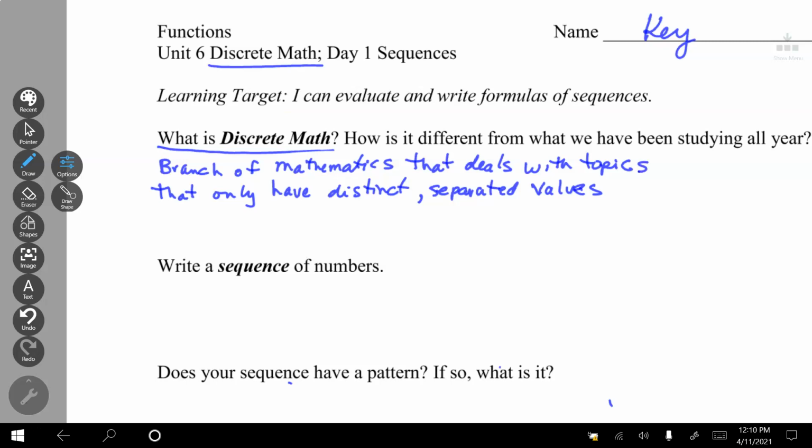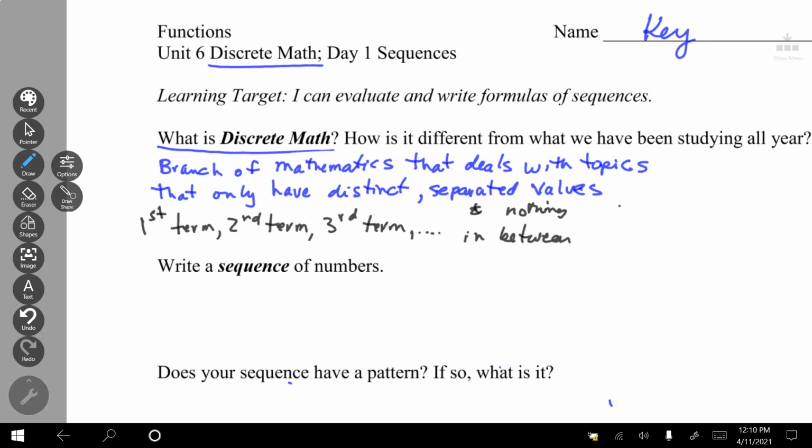So the idea is that what we have are going to be things such as a first term, a second term, a third term, etc., and nothing in between. So between your second term and third term, there's no 2.2 term.